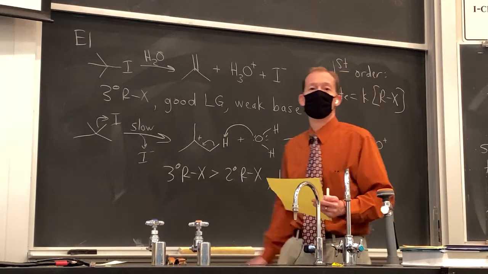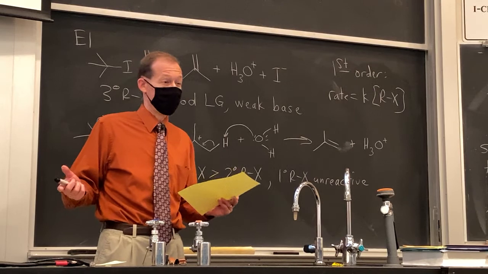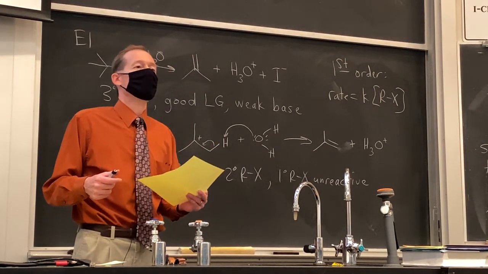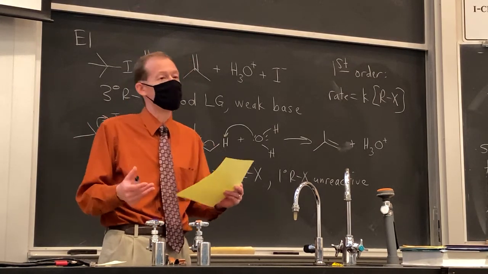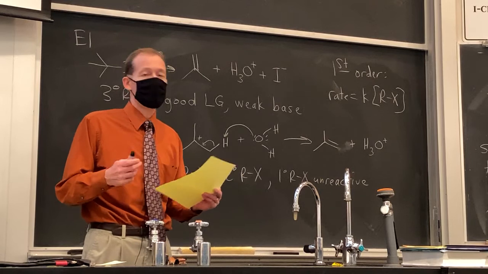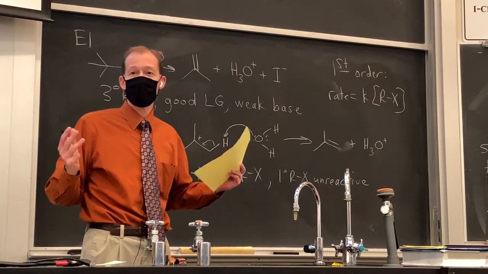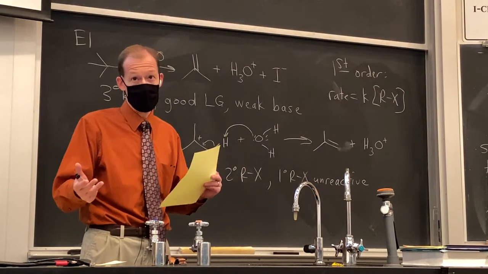Okay? So we have the same trends that we had in the E2 mechanism, where more substituted alkyl halides react faster, but it's a different explanation because the rate determining step is different. In the E2 reaction, we said that the additional alkyl groups were stabilizing the partial double bond at the transition state.